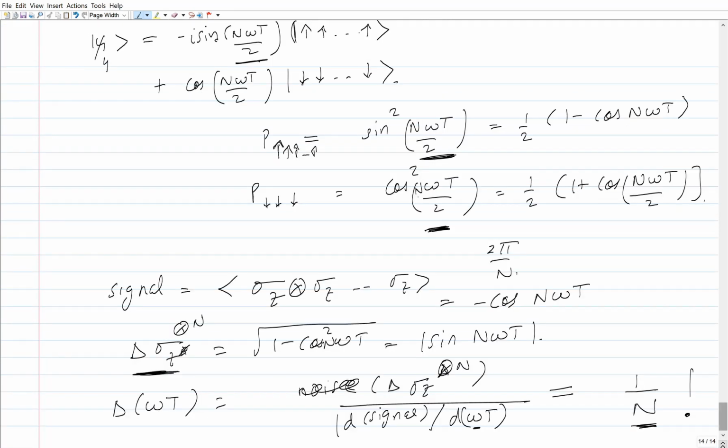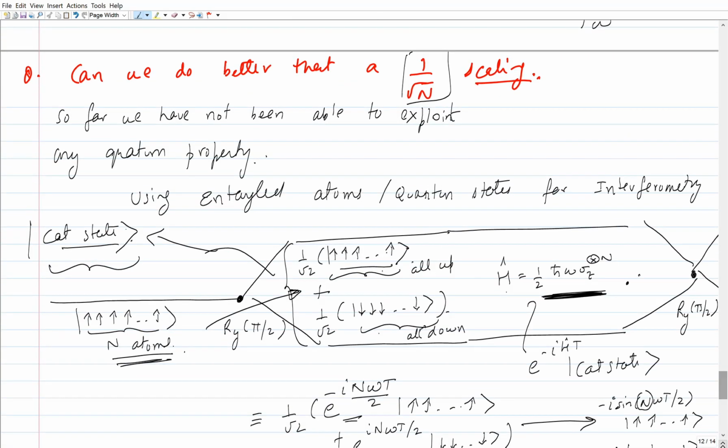And when I computed the variance of my estimates and rescaled it, I got 1 over n scaling. So this estimate is square root of n times more precise than my previous protocol where I used n independent unentangled trials. This is called the Heisenberg scaling, and it arises because my initial quantum states were entangled, which is essentially a very quantum mechanical property.